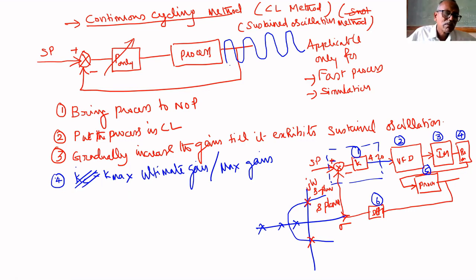Now we have to find the period of oscillation. To find the period of oscillation, here no valve is involved. If a valve is involved, the valve stem will go up and down.